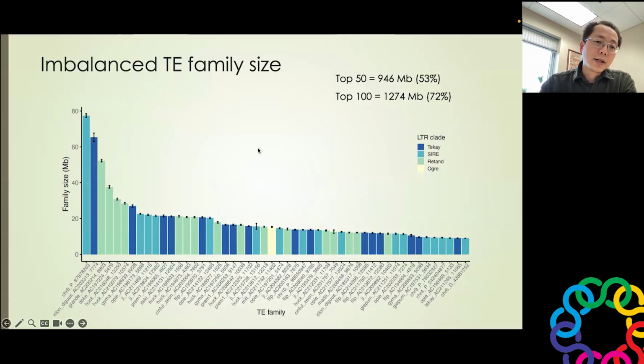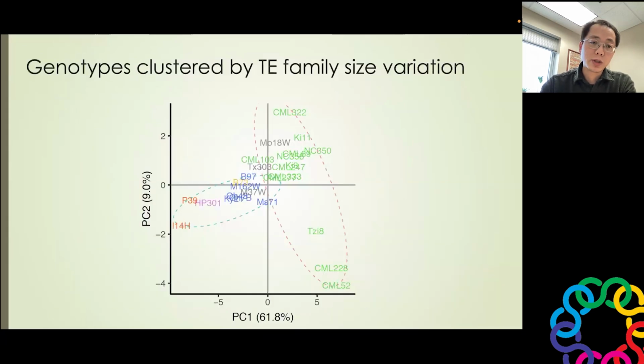So if we put the family size variation as a variable and then compute a PCA, a principal component analysis, we can actually see the family size variation can classify our genomes into two major groups: tropical in green and temperate in non-gray colors.